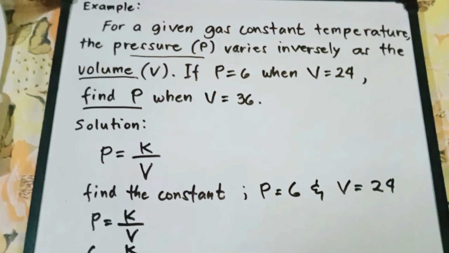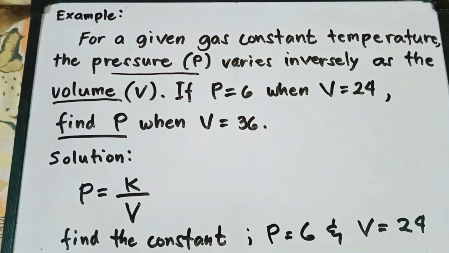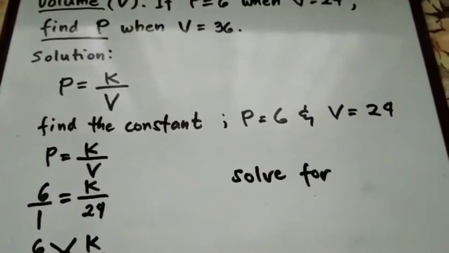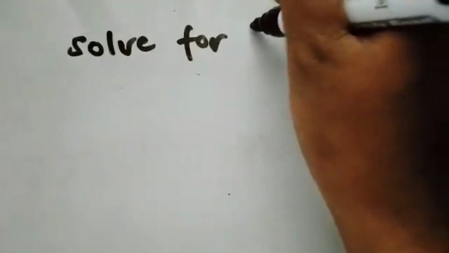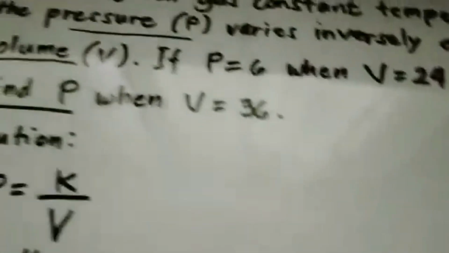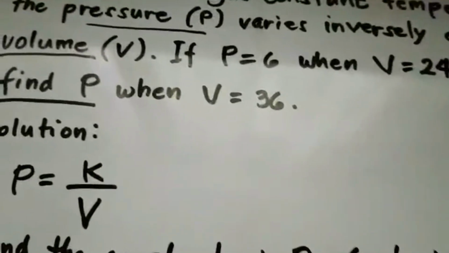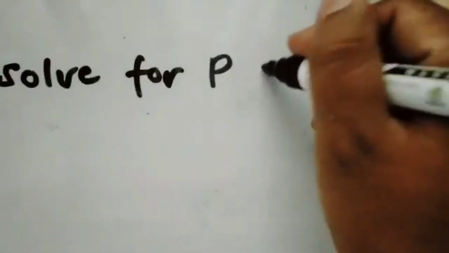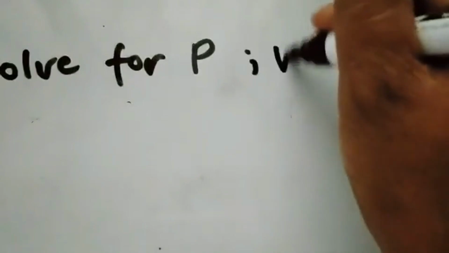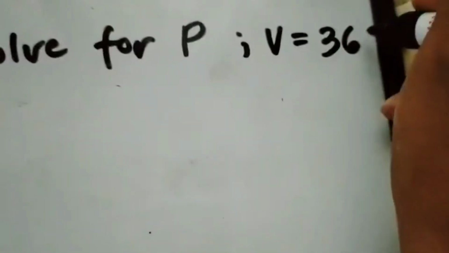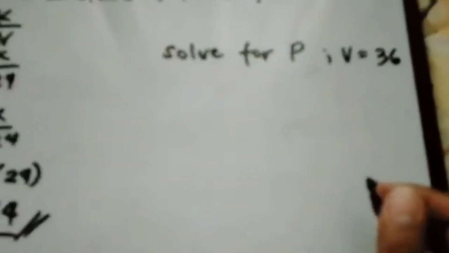Ngayon, ang hinahanap natin, find P when B equals 36. So we solve for P. Yung value ng B natin ay equal to 36. Balik tayo sa original equation by substitution.